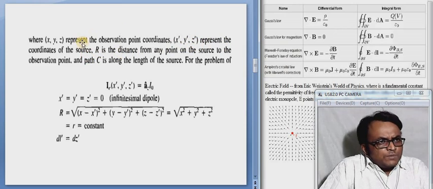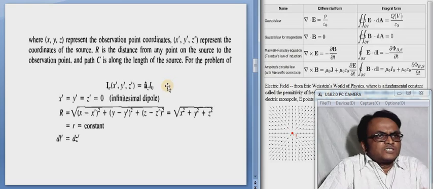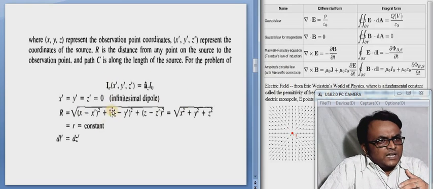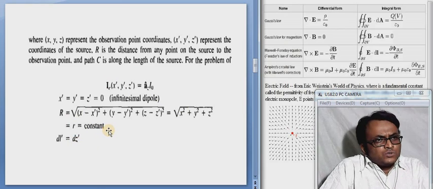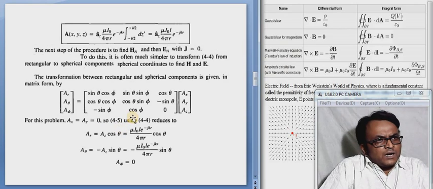So for the observation point and the coordinates of the source, in the distance function r remains a constant, and dl dash becomes dz dash. So we can assume the retarded time, and the retarded vector potential will be calculated from there.